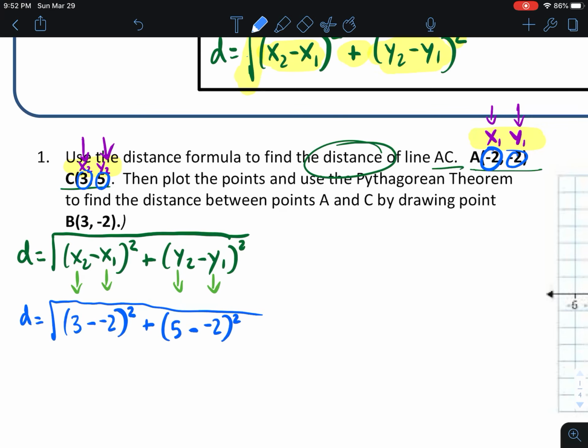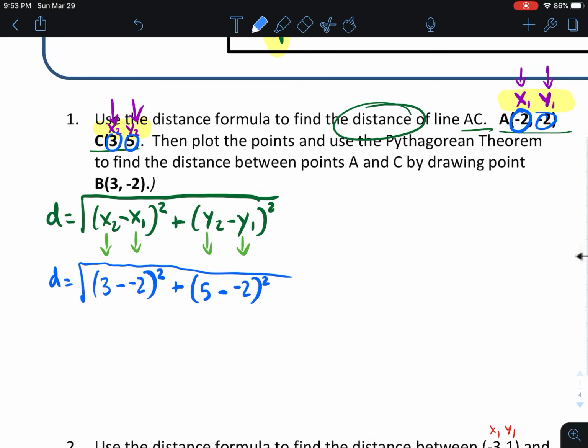And now you can do it in your head, or with the calculator, whatever you need to do. I would do it in chunks, because if you type the whole thing in the calculator, you're bound to make a mistake. But some people do that anyway. I'm going to show you in pieces. Here, 3 minus -2 is just 5. This is 5 squared. Plus, over here I have 5 minus -2.